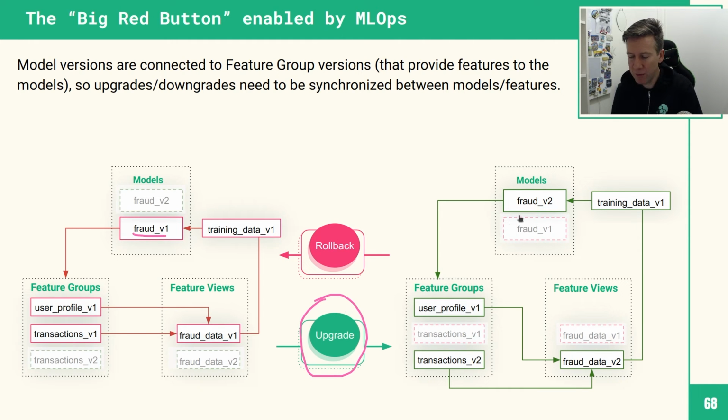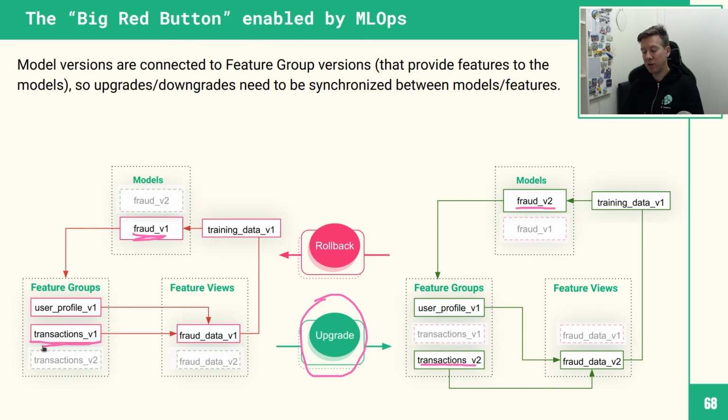When I press the green button, I get V2 of the fraud model. But remember, the fraud model that's running online here will potentially need access to new feature groups, because maybe it's got new features that aren't used in the previous version of the model. So in this case, it's connected to this transaction V2 feature group. It's going to get its live features from there. But the old version of the model over here took its transactions from V1.